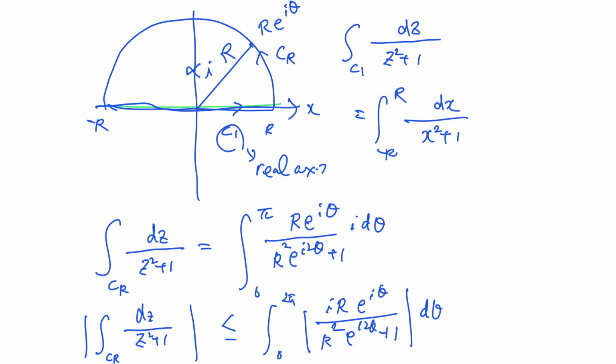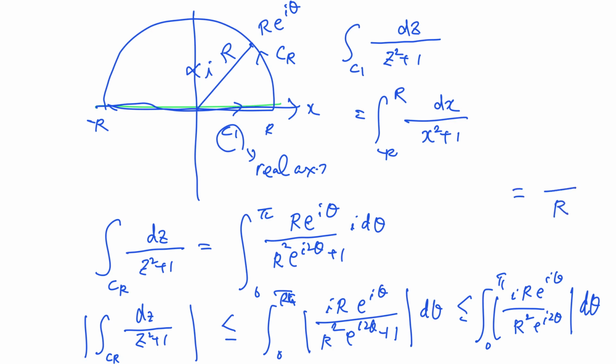So it's actually smaller than pi R over R squared, right? And that is equal to pi over R.